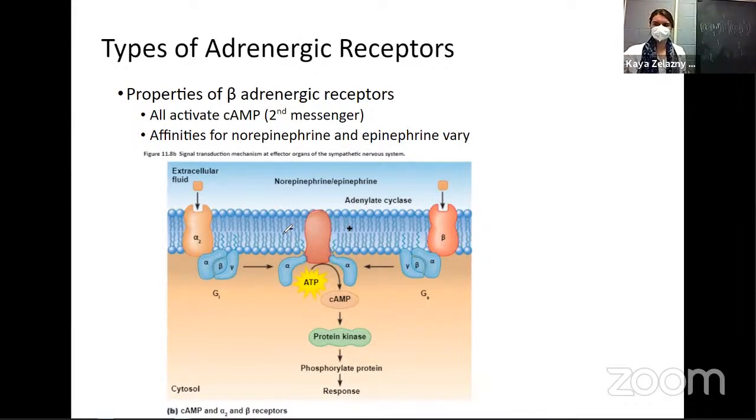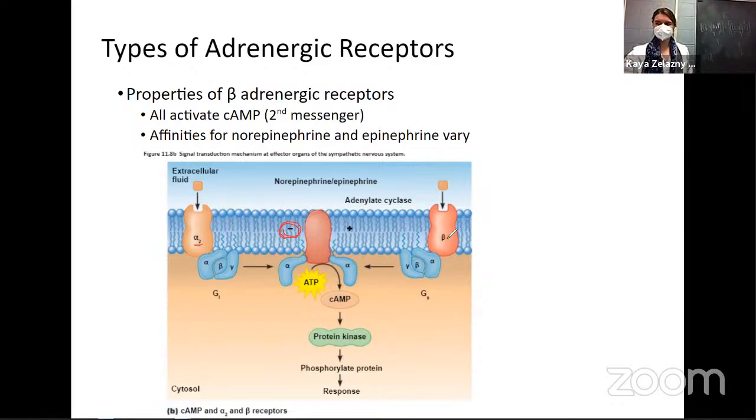This is not necessarily super fair of this diagram, but you'll notice on this alpha-2 side, we have a minus sign. So that's saying that the alpha-2 receptor is inhibiting the cyclic AMP. So even though it's interacting with this second messenger system, because it's inhibiting or causing us to create less cyclic AMP, that makes it an alpha receptor.